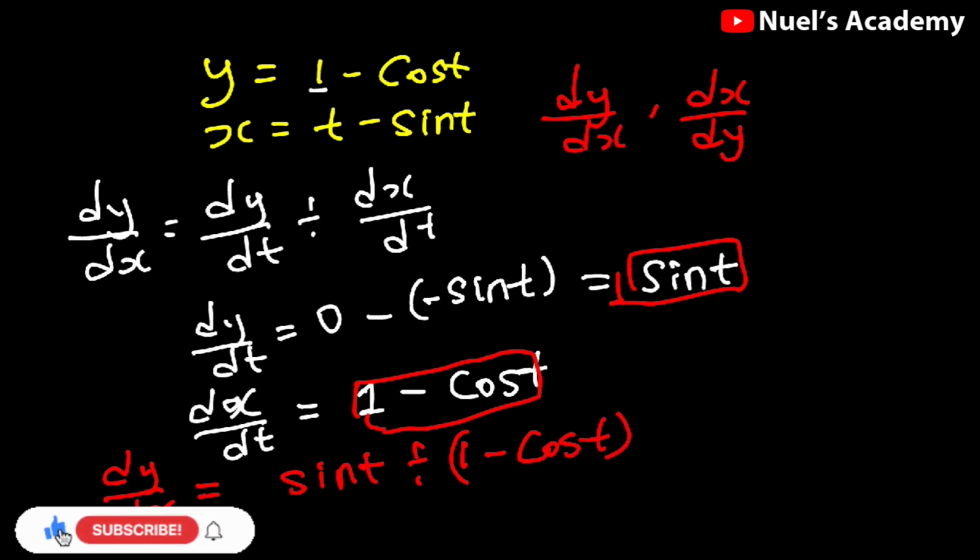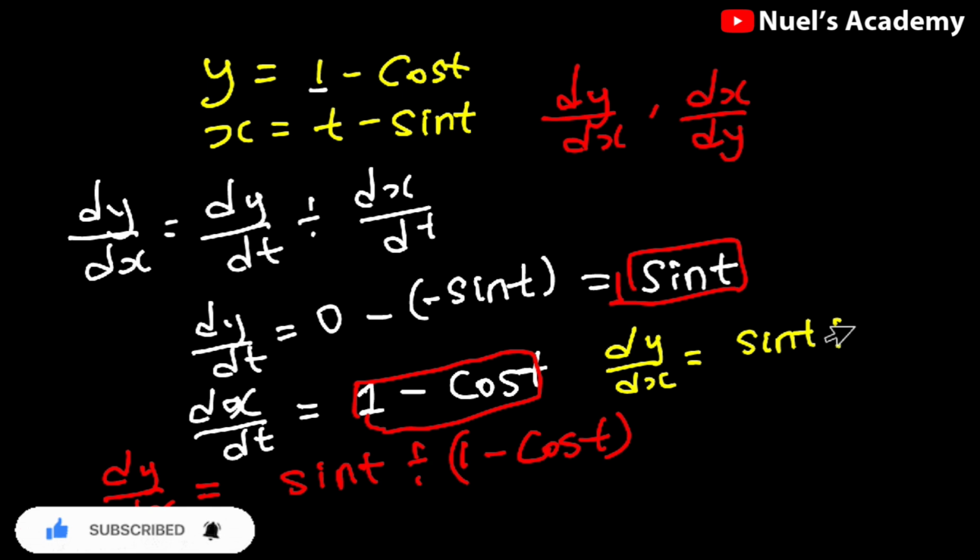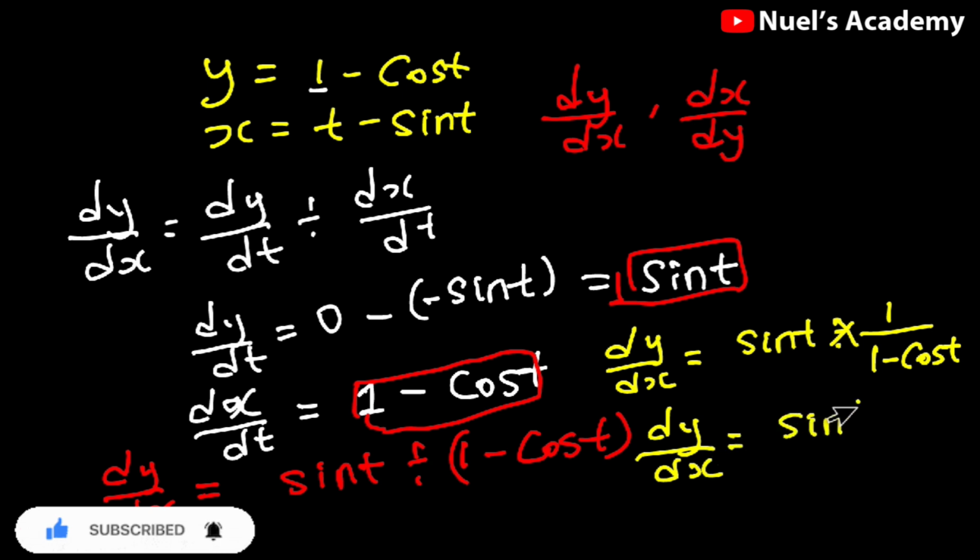So we have that dy/dx is equal to sine t multiplied by the inverse of 1 minus cosine t, which is 1 divided by 1 minus cosine t. So the final answer is dy/dx equals sine t divided by 1 minus cosine t.